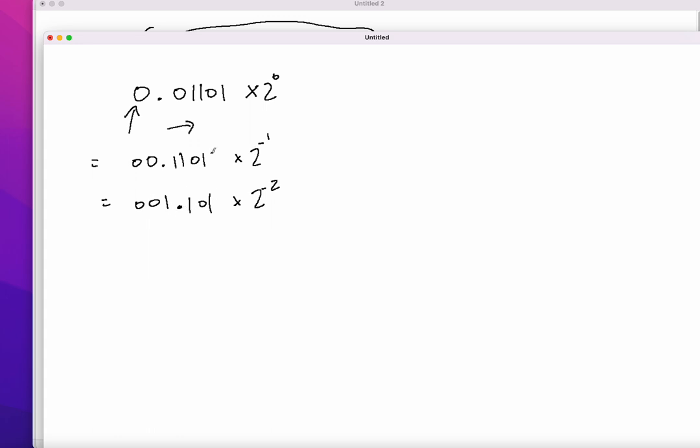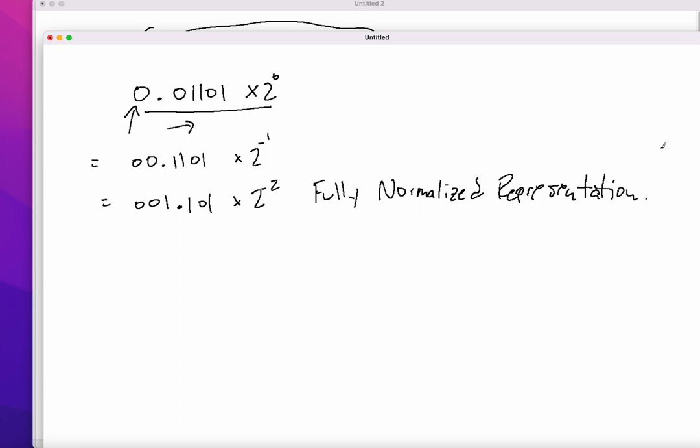But the point that I want to make is that this one down here is the fully normalized representation. Okay? Easy so far?